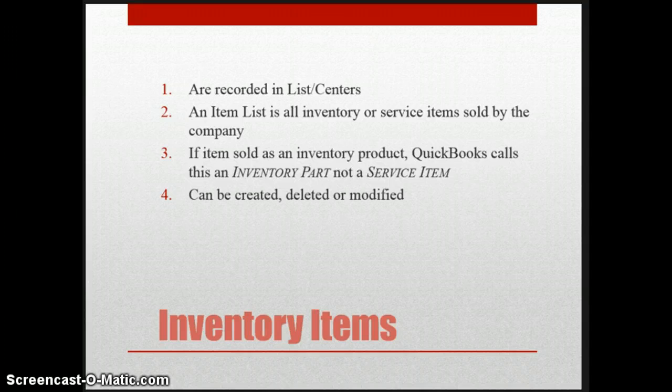Or if it's a service item, meaning that you provide a service to someone, like the design lady that we always do in the chapter. She doesn't necessarily sell parts, but she does sell her services, so it falls under service item. These can be created, deleted, or modified at any given time.